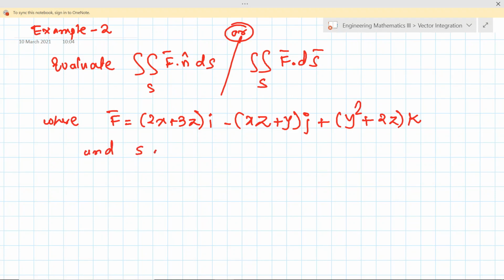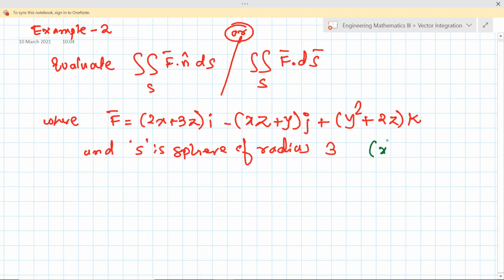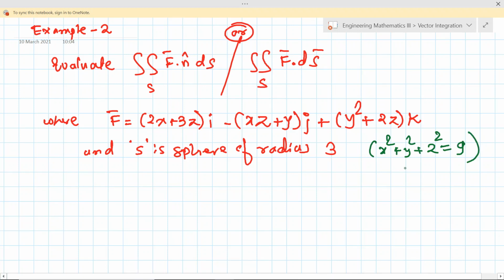What is S? The surface is a sphere of radius 3. So what is the equation of the sphere? It is x square plus y square plus z square is equal to 9. This is my sphere, and S is the surface of this sphere.